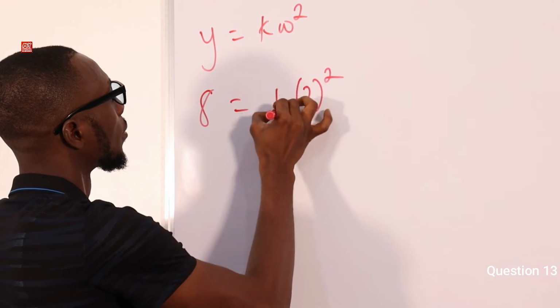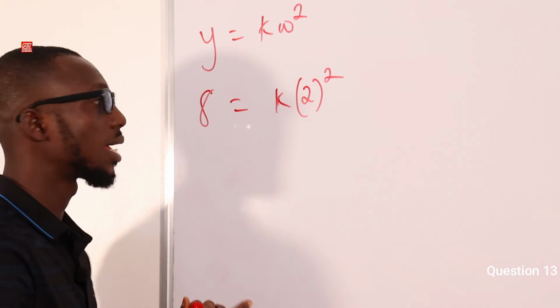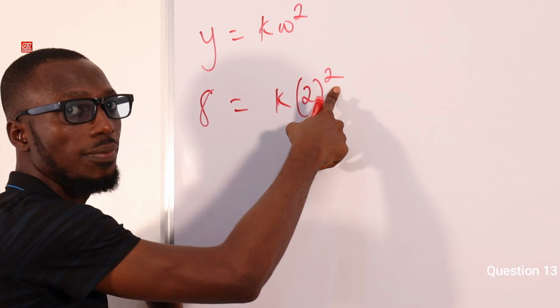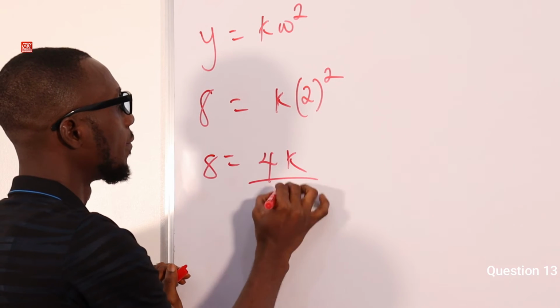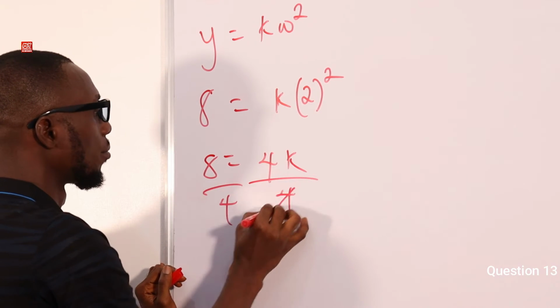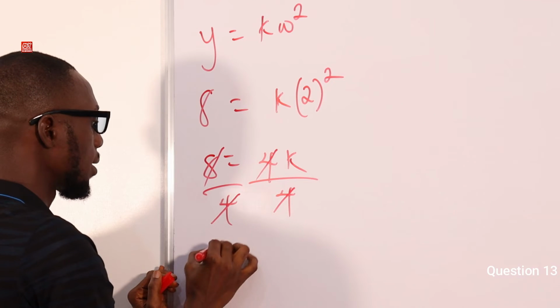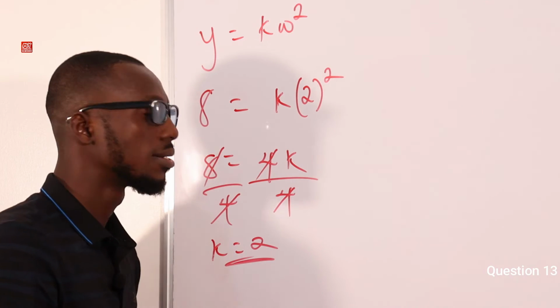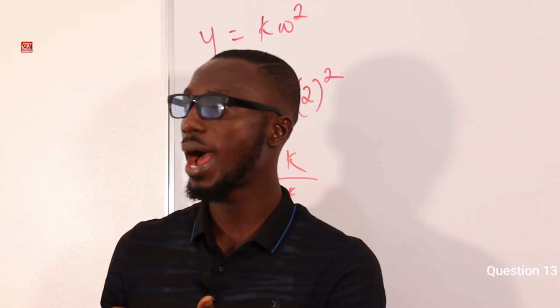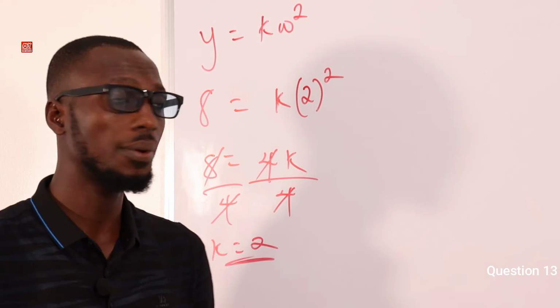So here we are finding the constant k. 2 raised to power 2, that is 4. So I have 8 equals 4k, dividing both sides by 4, so we can tell that k is 2. Having sorted out k, we are now asked to find y when w is 3.